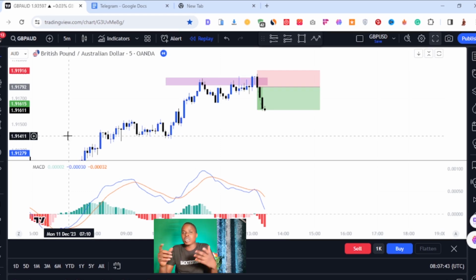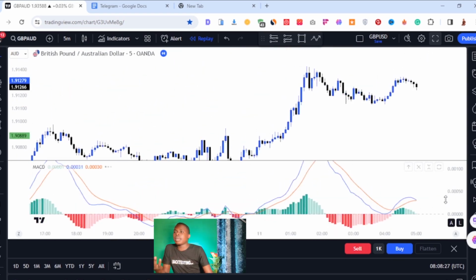But in these two examples, you can see the last setup happened today at 9 a.m. and the one before that was yesterday at 1 p.m. So are you going to be a person who waits almost a day without placing a trade? Or are you going to change the strategy simply because you just want to enter the market? It comes down to your trading psychology, which I think you should focus on learning if you want to become a successful trader.